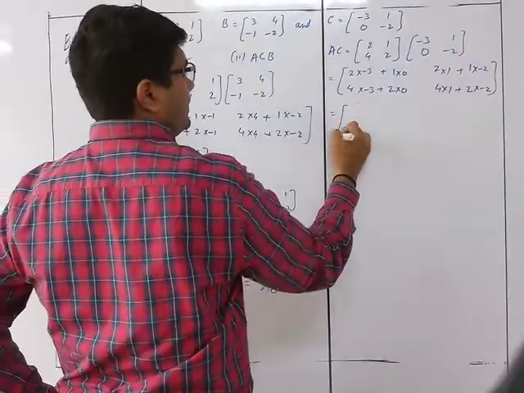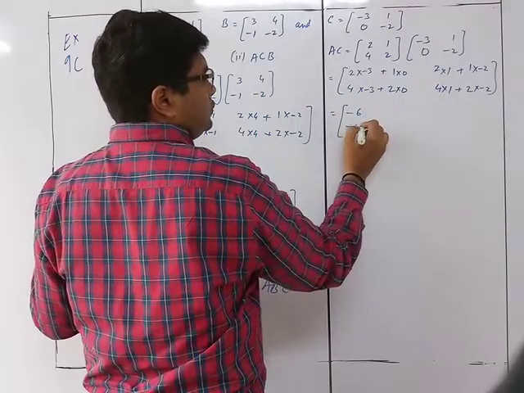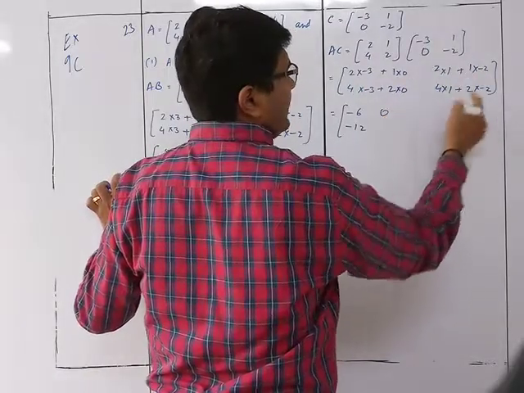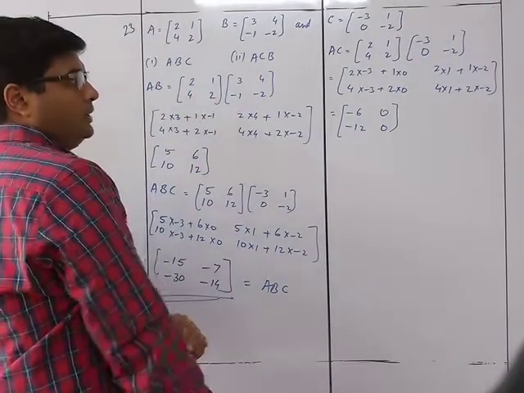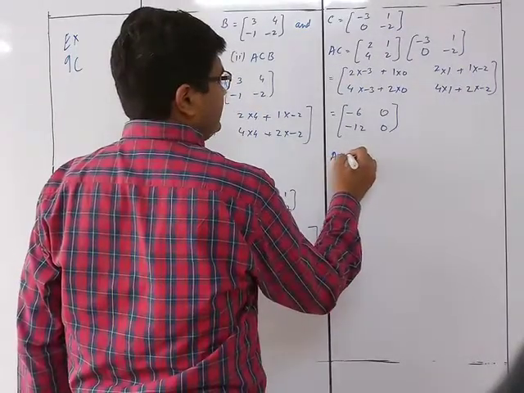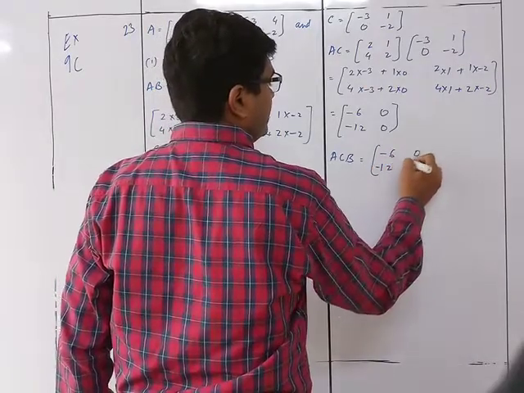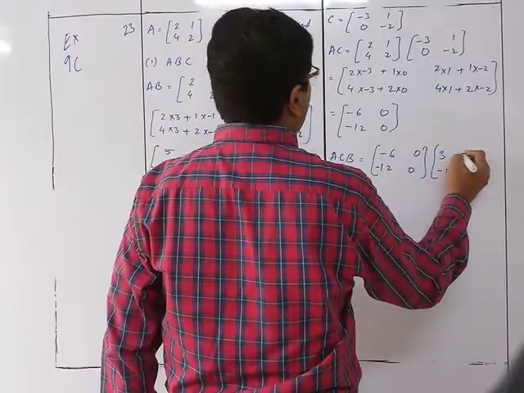This gives me minus 6, minus 12, and 2 minus 2 is 0, and 4 minus 4 is 0. Got it?